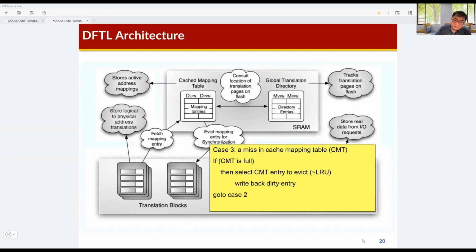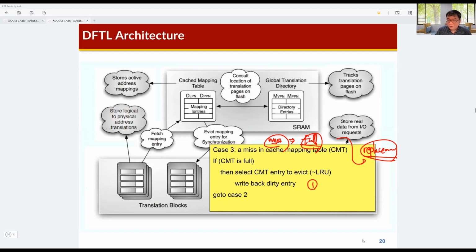Okay. The other case is that it's missed in the cached mapping table, and this table is already full. So in this case, we need to perform replacement, the replacement for this cached mapping table. So when cache replacement is required in a normal cache memory, we need to apply a cache replacement policy.